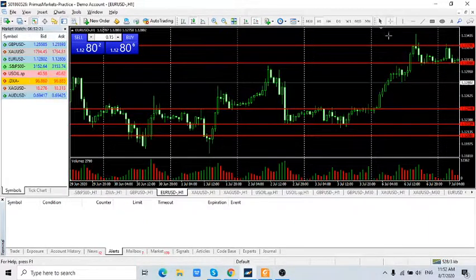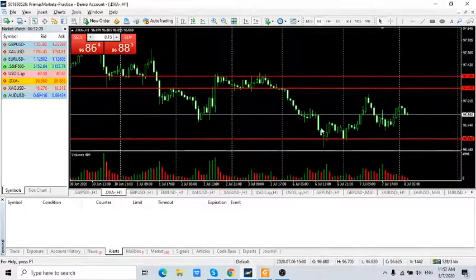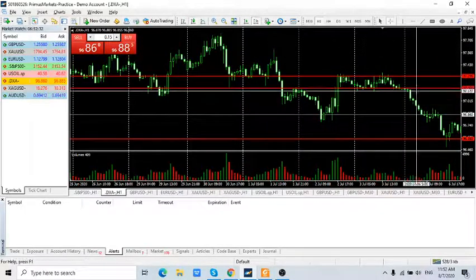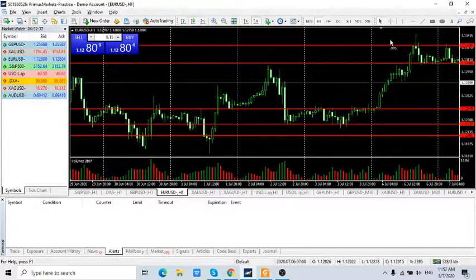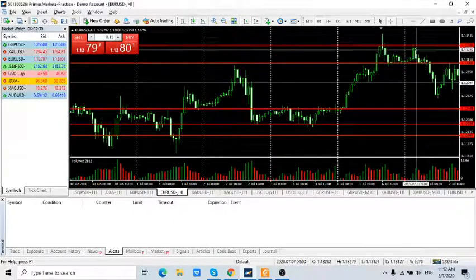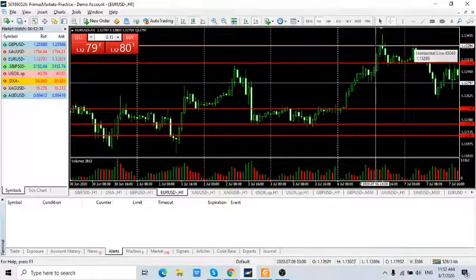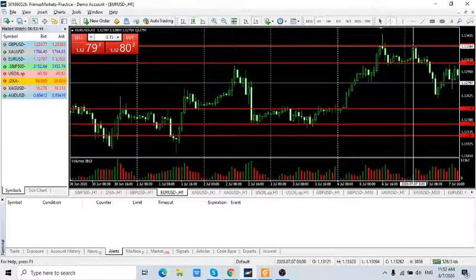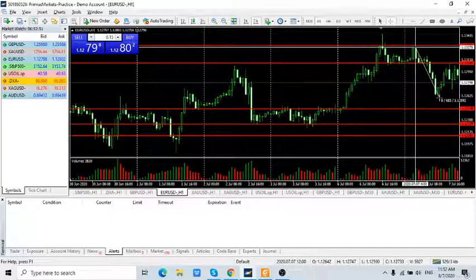On Monday itself, the euro dollar strengthened quite a lot, about 100 pips against the US dollar, as the US dollar was weakening throughout the whole Monday. After Tuesday morning's test again at this resistance, it forms a double top, and then it comes down from 1.1327 all the way to a low of 1.1259.